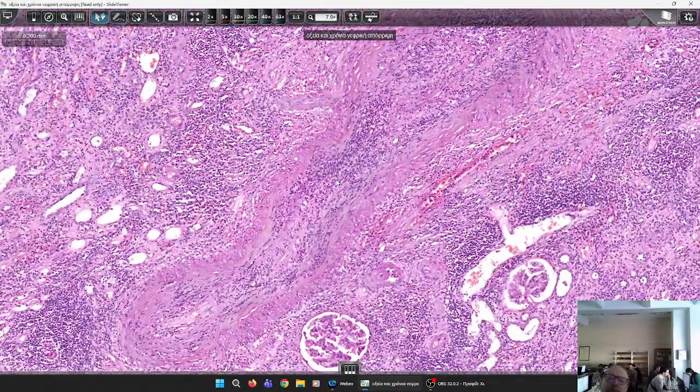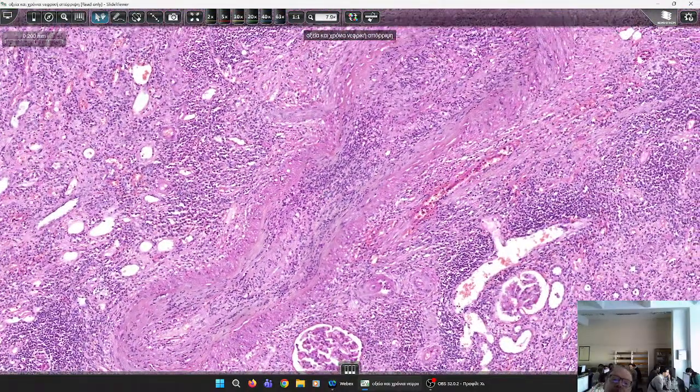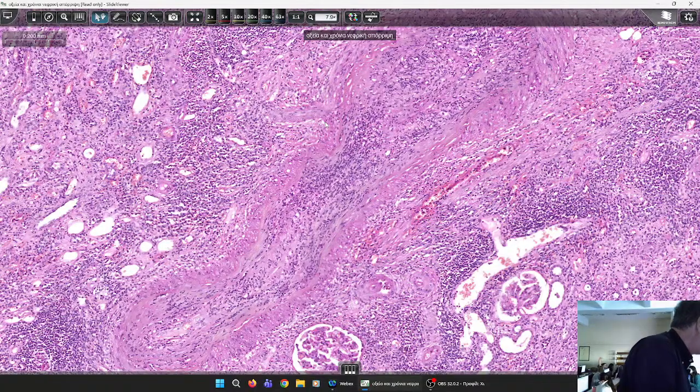What can this be? Quite a big structure which should show a lumen. Not possible here due to all these cells accumulation. Can you guess? And this is a renal transplant that was rejected.